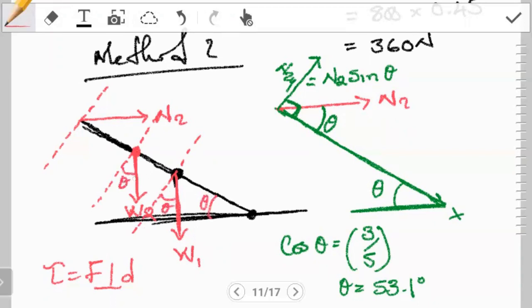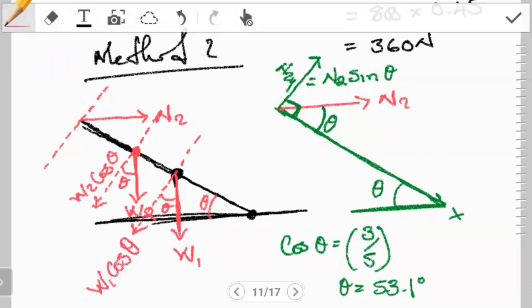Notice that since this is theta, even here we have theta, even here we have theta. So I hope you guys are able to see that this component that is in this direction is going to be W2 cos theta. And then this one, since this is W1, is going to be W1 cos theta.